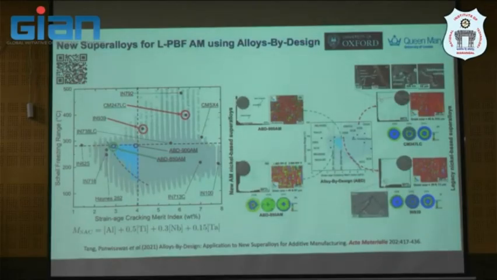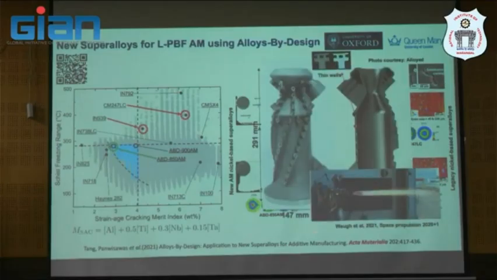And the question now is why does this print better than this one? Why does this one print better than the existing one under the condition investigated? This is the next inspiration. And this one, ABD 900, is not speculation that it prints well.